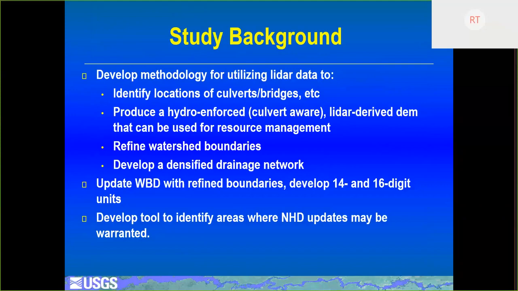Then we refine our watershed boundaries with that and develop a densified drainage network, a few more lines than what you can see in the NHD. As I mentioned earlier, we update with 14 and 16-digit unit lines where appropriate, and also explore whether there are areas where the NHD flow lines might need to be updated as well.